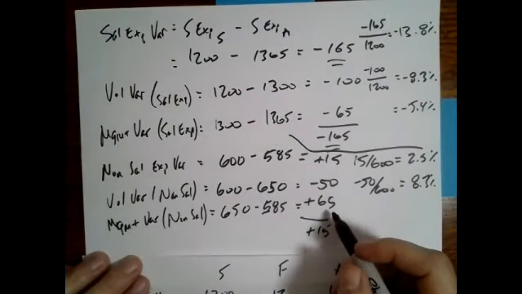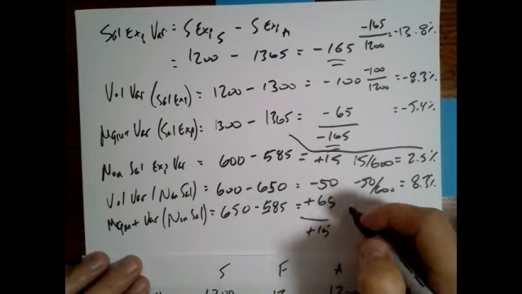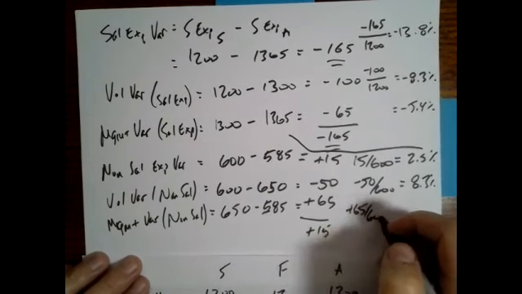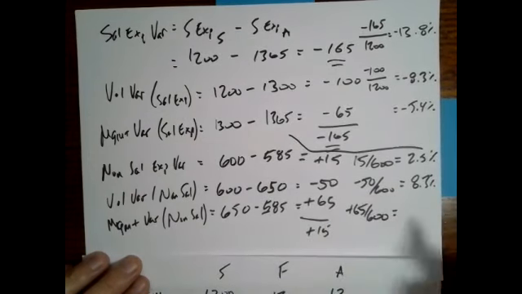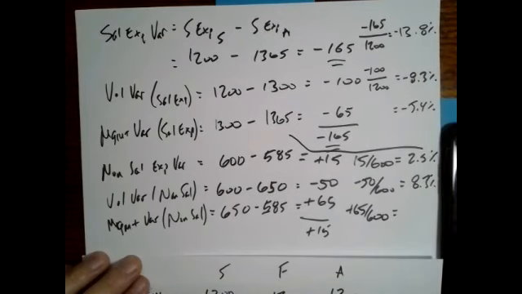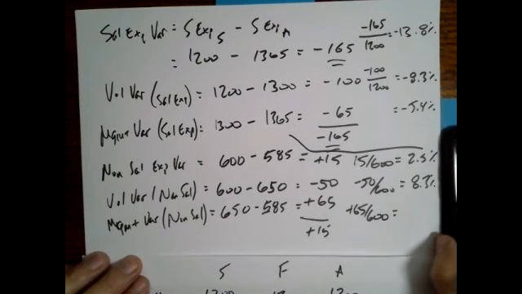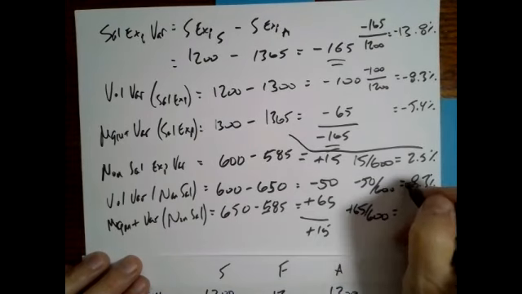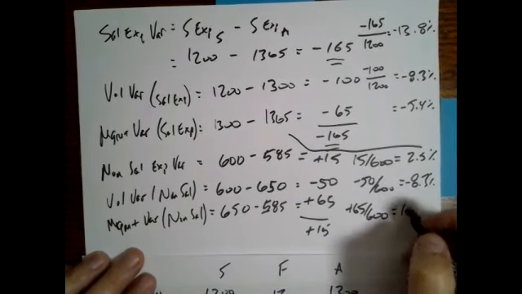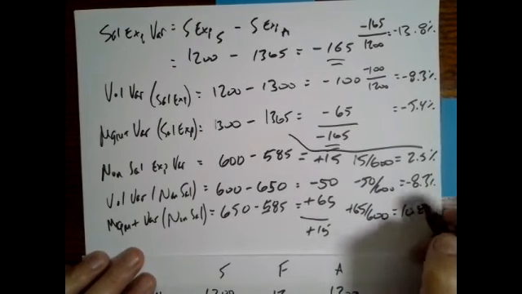And we were off by positive 65 for management. So 65 divided by 600 is 10.8%. This is positive 10.8%.